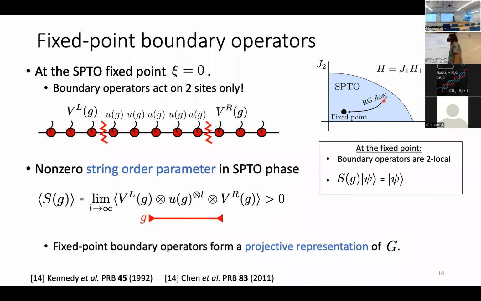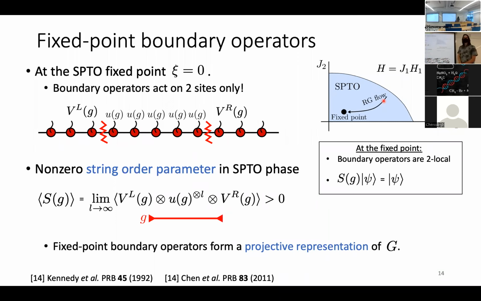Now, one can think of the expectation value of this big string operator as something that looks like a two-point correlation function that's padded in the middle by a bunch of local symmetry transformations. This is an example of what people call a string order parameter. That's a particular non-local order parameter that characterizes the 1D SPT phase, in the sense that its expectation value in the infinite separation limit is non-zero whenever I'm in the SPT phase.